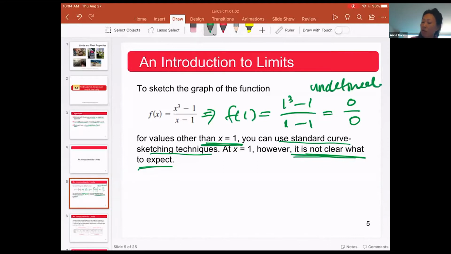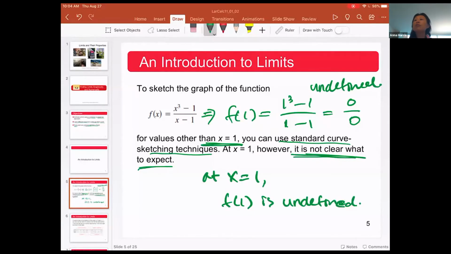So in other words, at x equal to 1, f of 1 is undefined. We don't know the y value. But we can talk about the limit. The limit is different from the y value.